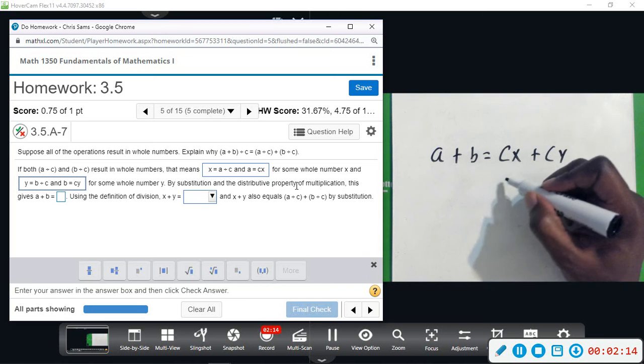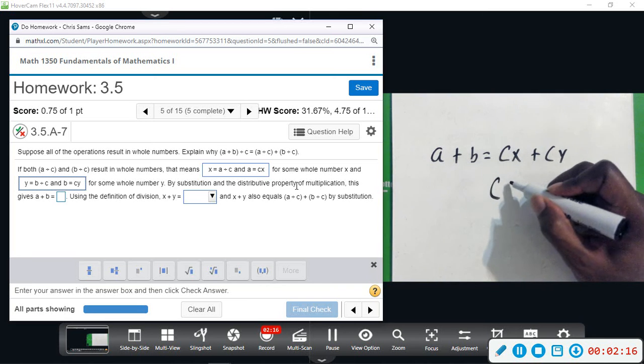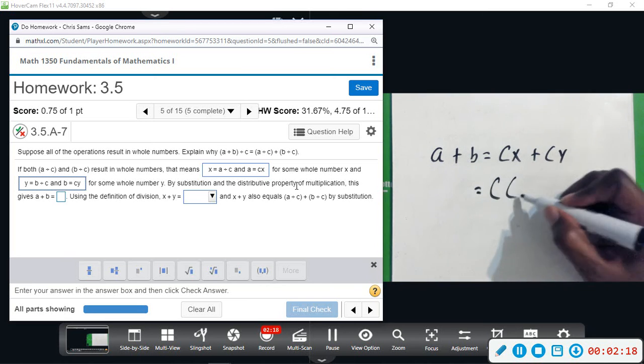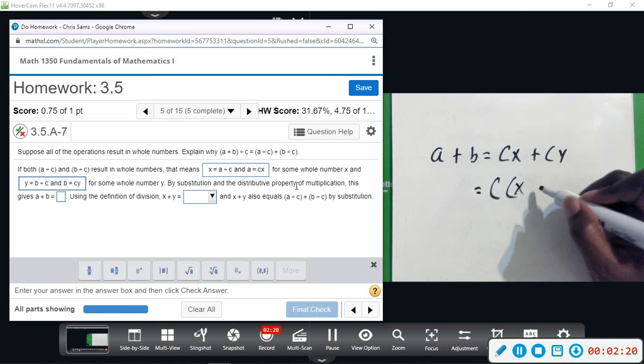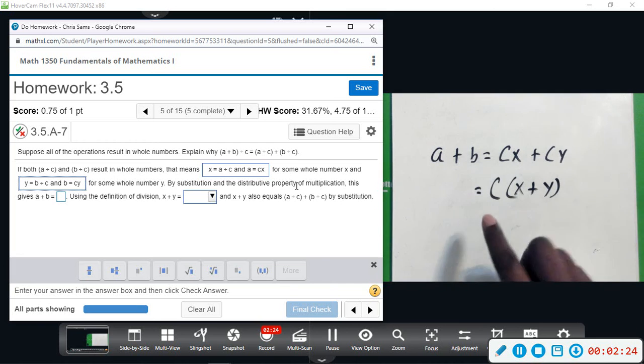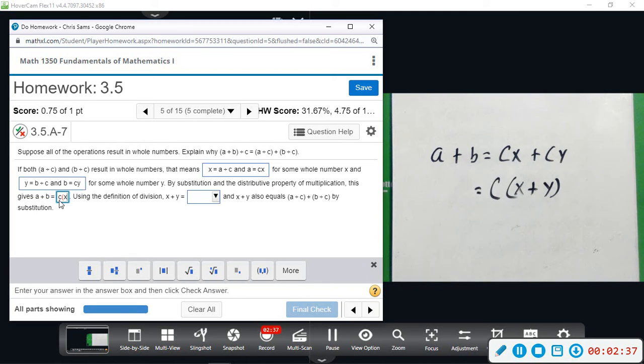And then distributive property, if we kind of work backwards, actually factoring out C, we have X plus Y. Okay, so we get C times the quantity X plus Y. So we're going to put that in the next box. There's no drop down here, so we actually got to type that in, C, and then X plus Y.